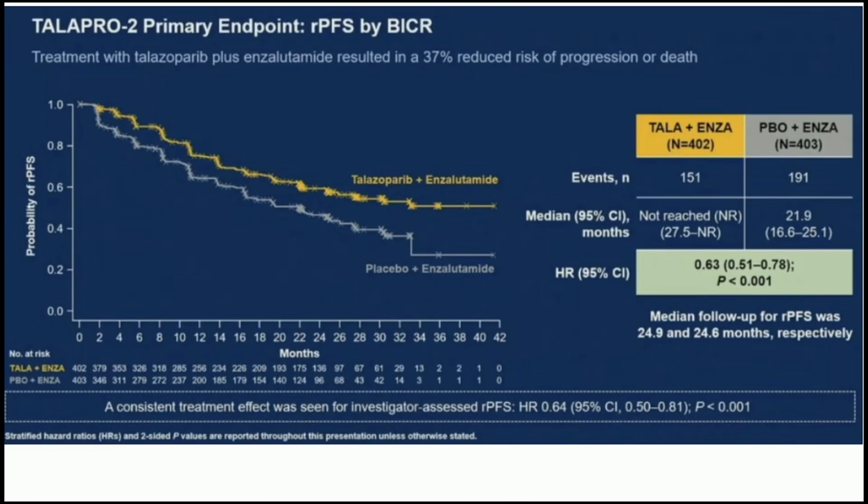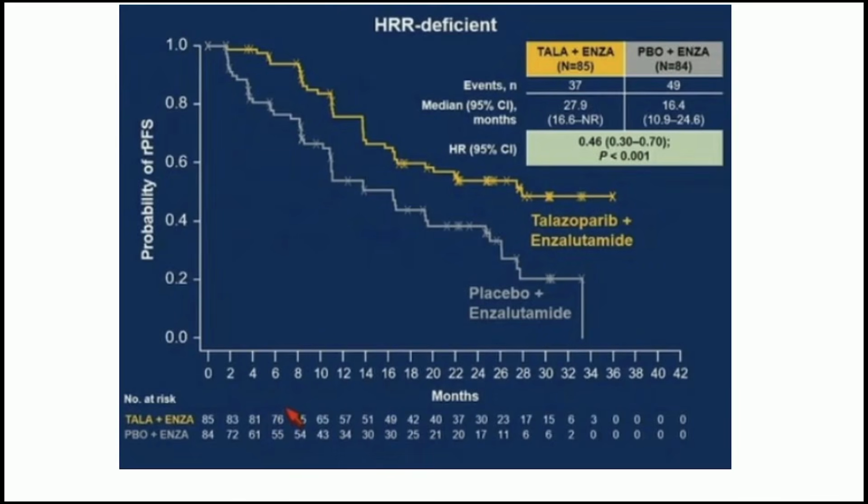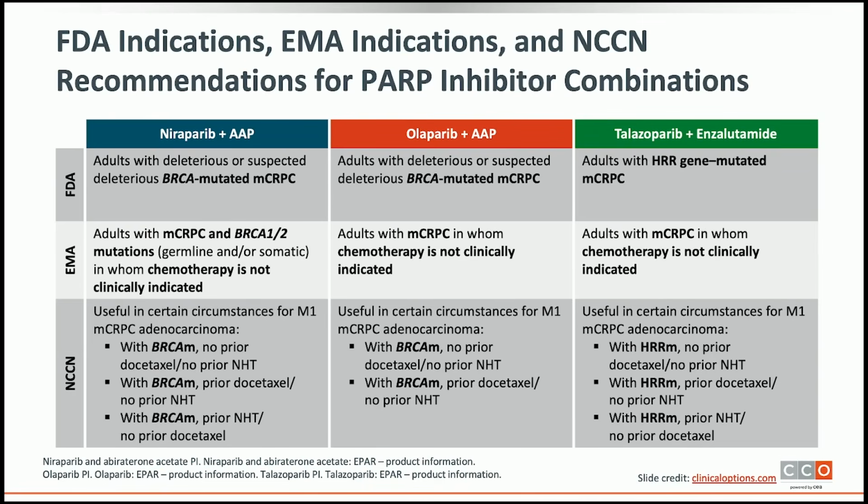As we see here, by central review, talazoparib plus enzalutamide showed a 37% reduction in the risk of progression or death. And this was predominantly seen in those patients who are HR deficient. There's about a 9-month improvement in the progression-free survival in favor of talazoparib plus enzalutamide.